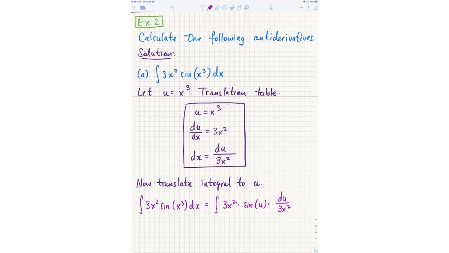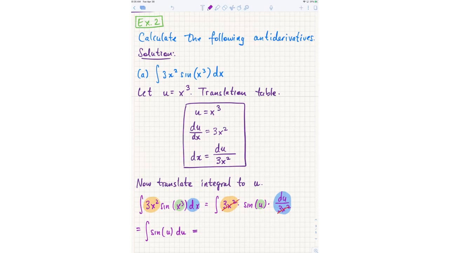We only use the first and last parts of our translation table. Now the nice thing is, if you did your substitution correctly, you should have magic cancellation. The 3x squareds cancel out, and I'm left with just the antiderivative of sine of u du.